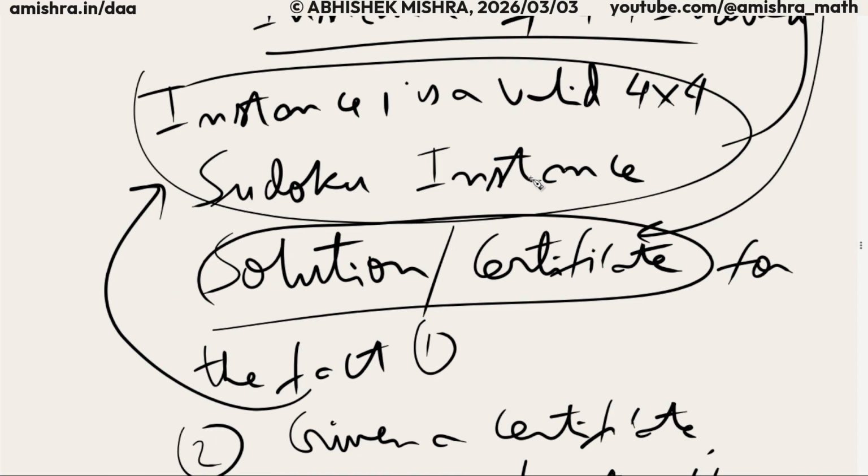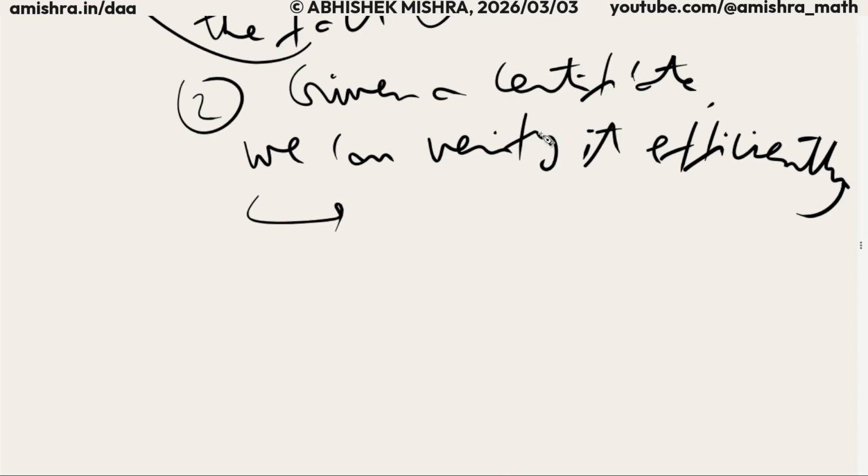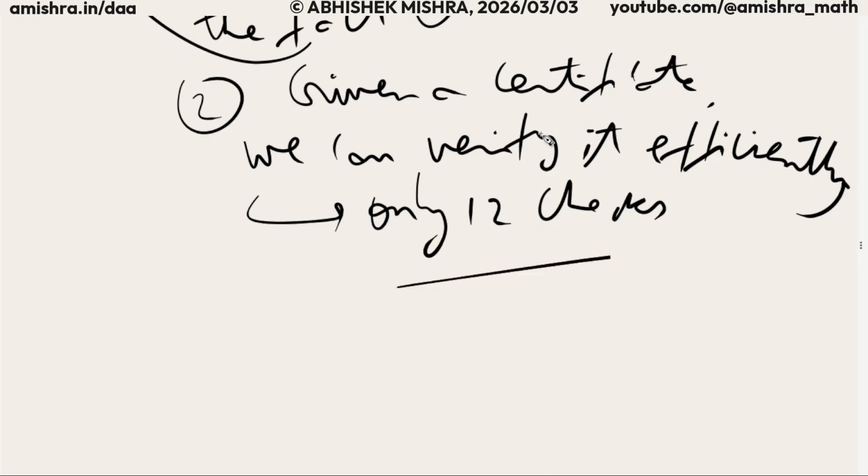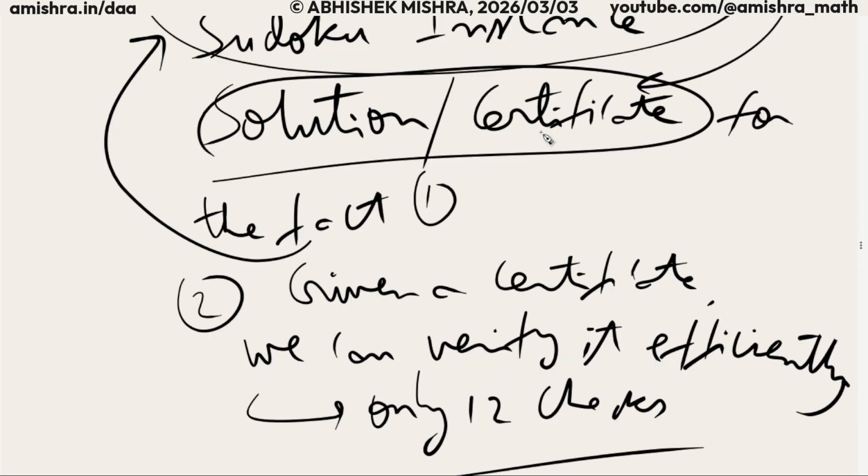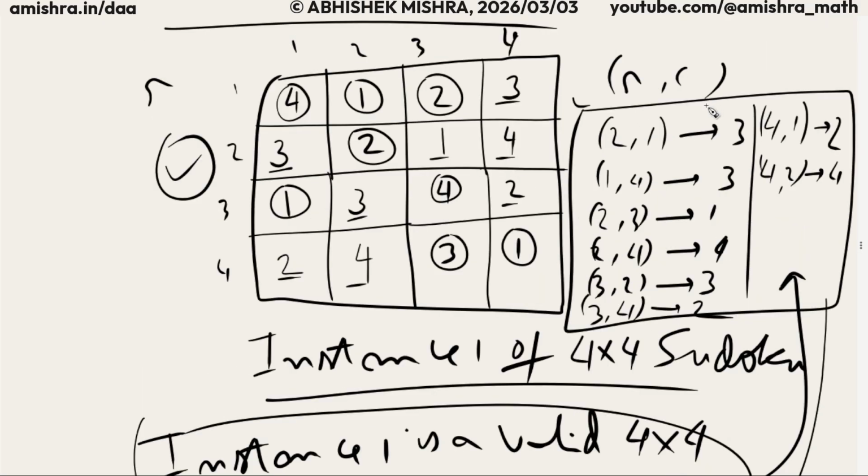So we have to make only 12 checks. We can easily verify whether the given solution is valid or not.